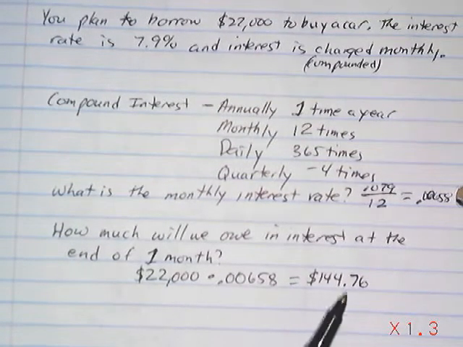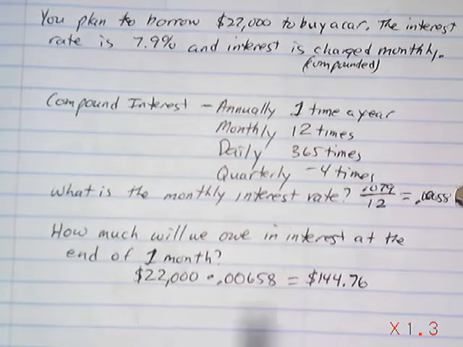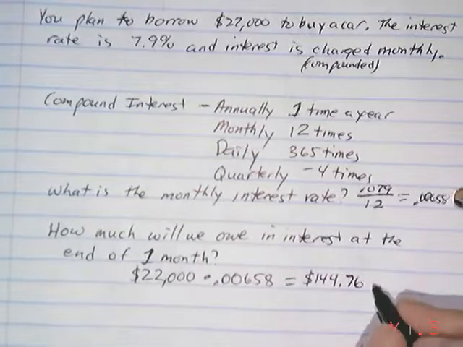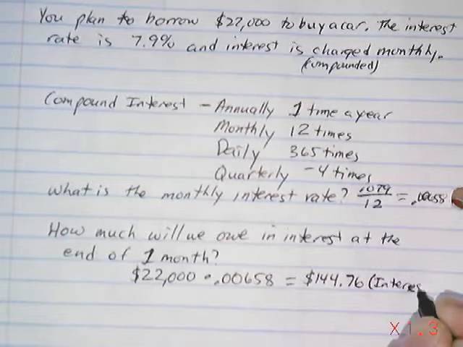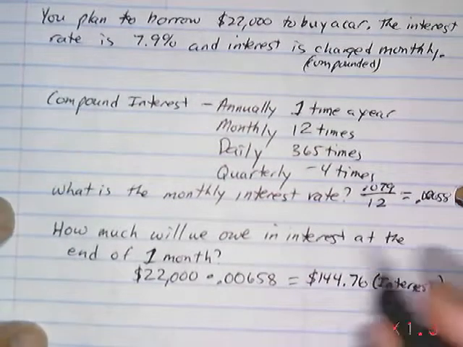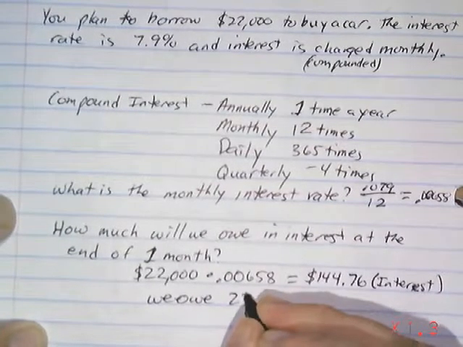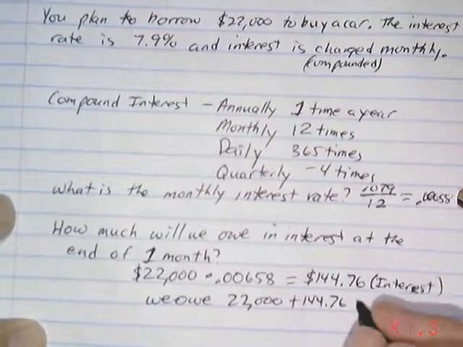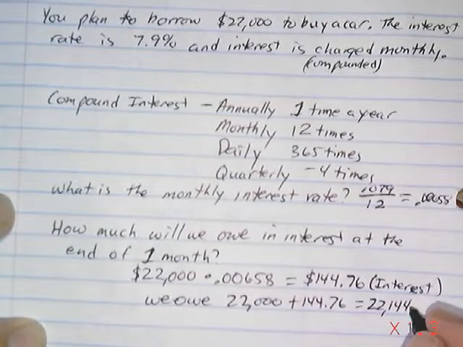Well, as we said before, we have that 22,000 plus the 144.76, which we already added in, minus 300, which would mean we would owe $21,844.76. That's how much we would owe. So it's gone down by about $150.